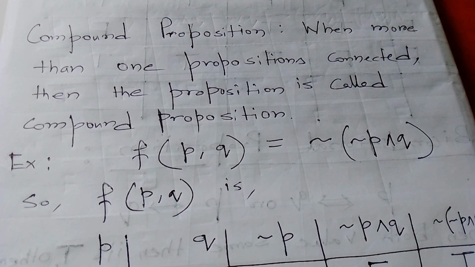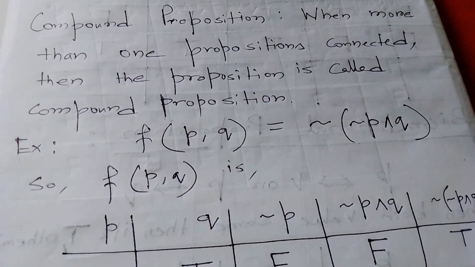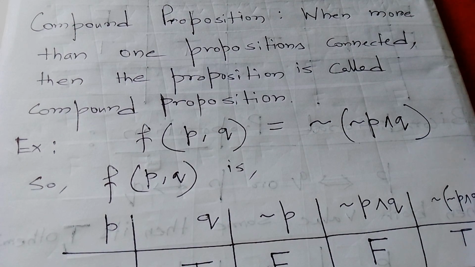Like there is a function consisting of p and q variables: negation p conjunction q. So here is the truth table for the function consisting of p and q variables.